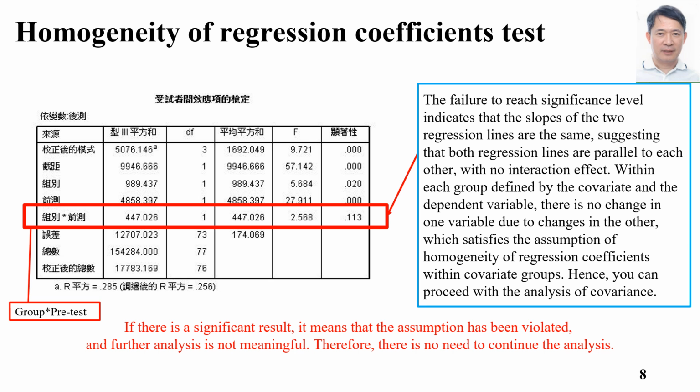In this case, we satisfy the assumption of homogeneity of regression coefficients within covariate groups, allowing us to proceed with ANCOVA. However, if the interaction term is significant, this assumption is violated, and further ANCOVA analysis may not be meaningful.